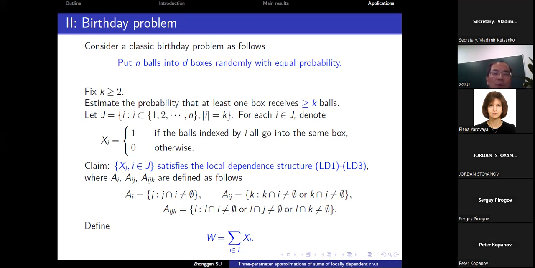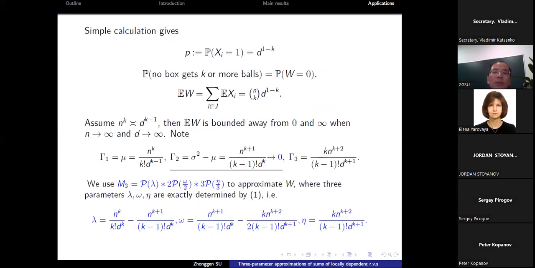Again, we claim X_i satisfies the local dependence structure with the a_i, a_ij, a_ijk defined as follows. And then we consider the sum of X_i. It is easy to get the probability of X_i equals 1 is just d to the power 1 minus k.